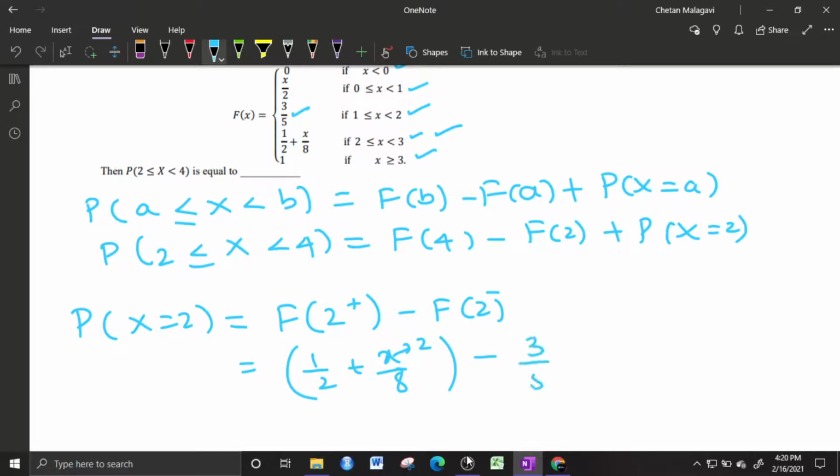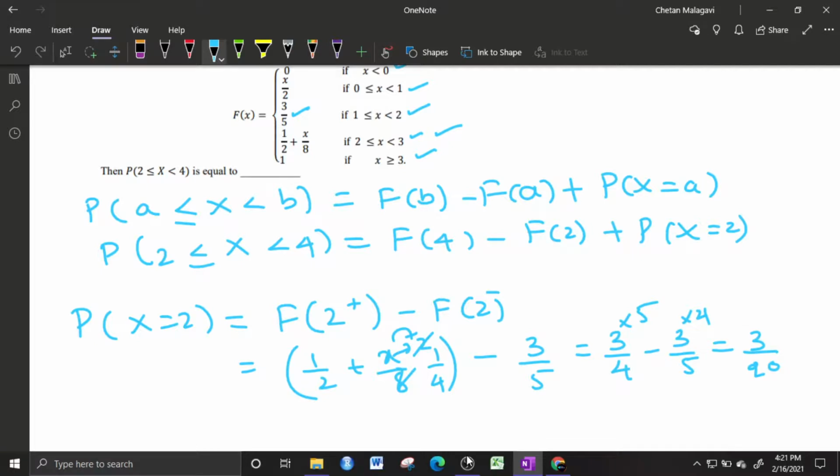Upon calculating, x takes the value 2, so 2 by 8 is 1 by 4, 1 by 4 plus 1 by 2 is 3 by 4, 3 by 4 minus 3 by 5. The LCM is 20, so 3 fives are 15, and here it is into 4, so 3 is common, 5 minus 4 is 1, so 3 by 20.